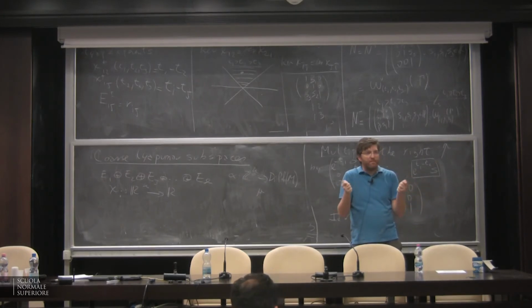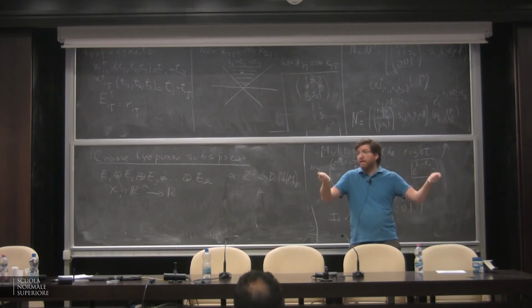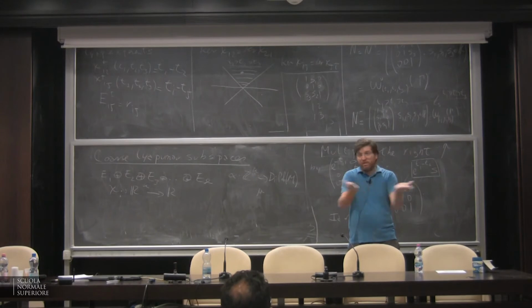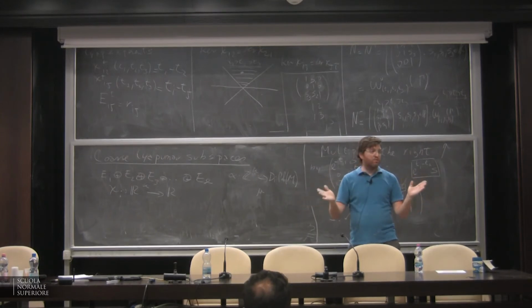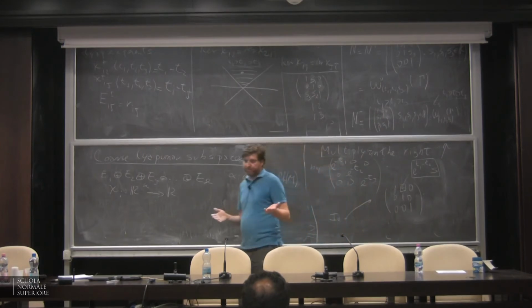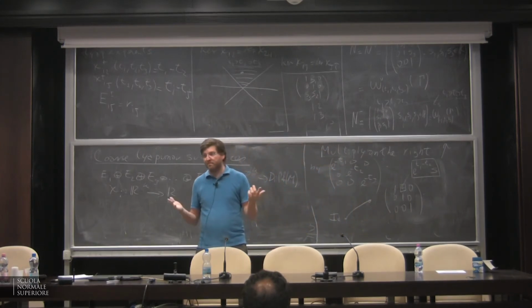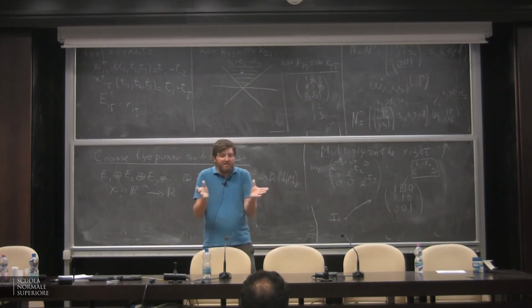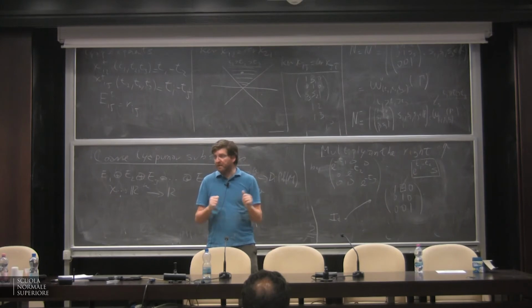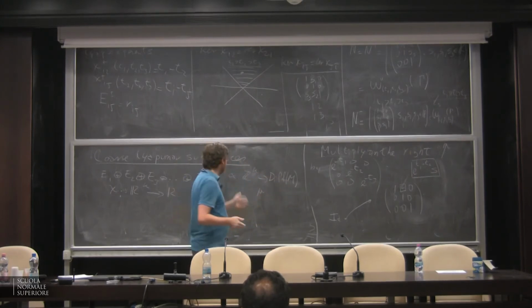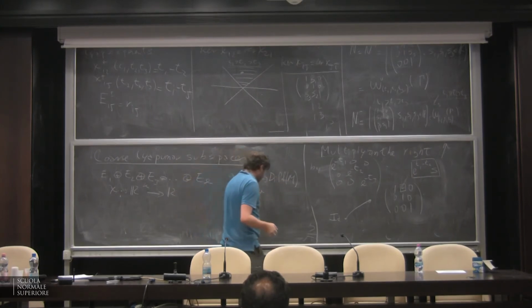So I cannot pick an element which will expand this and contract this guy here, which means that either both are in the unstable or both are not in the unstable. I cannot distinguish them. I cannot separate them. And then I will enter into the problem of having one diffeomorphism. Where one is faster, the other is slower, or both are exactly the same, but there is no dynamical foliation. I can play with these two guys, and then I will not separate them. And this is what is called coarse Lyapunov subspace.